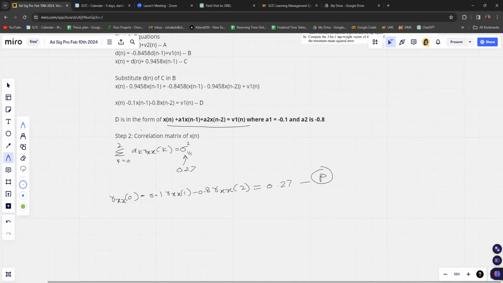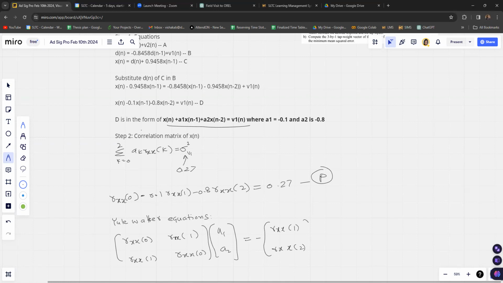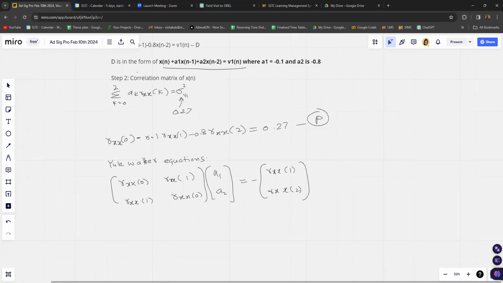And then we can write the Yule-Walker equations. Using the matrices, we can form a matrix considering the Yule-Walker matrix. So we can form two equations from this.